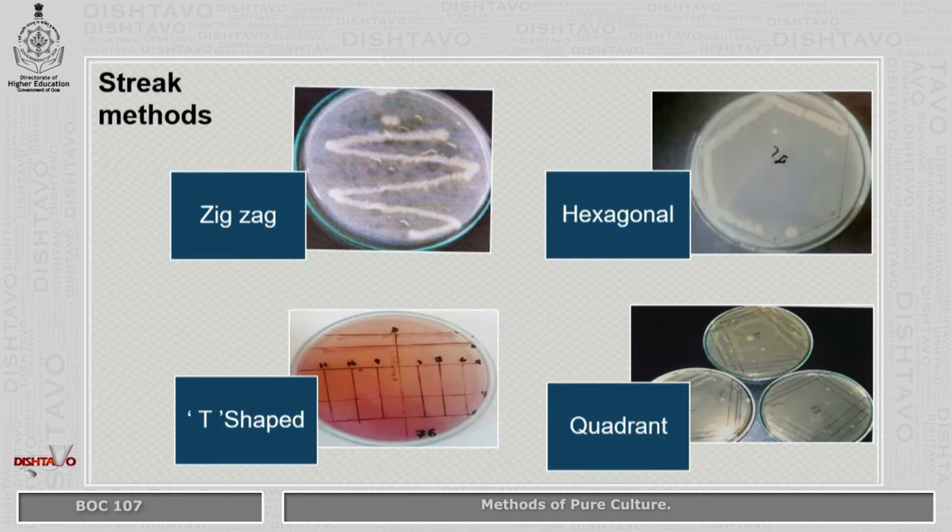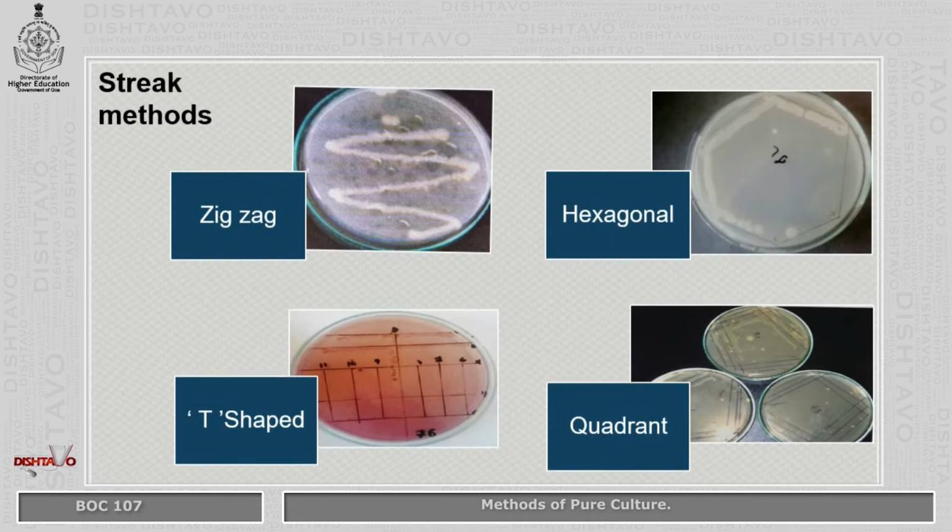In the hexagonal method, the streaking or the inoculation loop with the culture is moved in 6 areas and it is later incubated at the required temperature for 24 hours and after 24 hours the microbial growth will be seen in the 6 areas in a hexagonal manner where streaking was done.